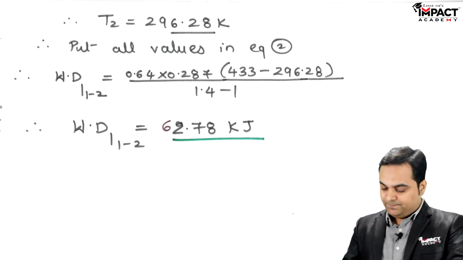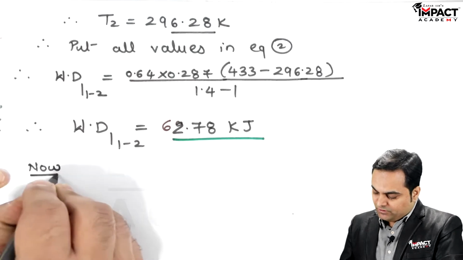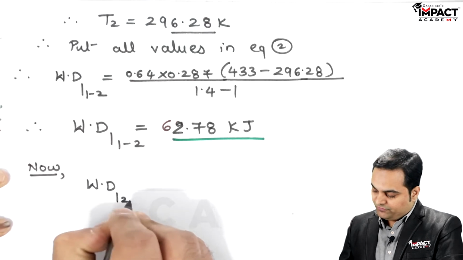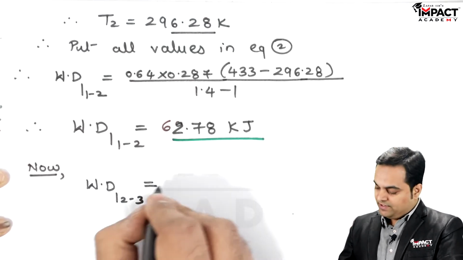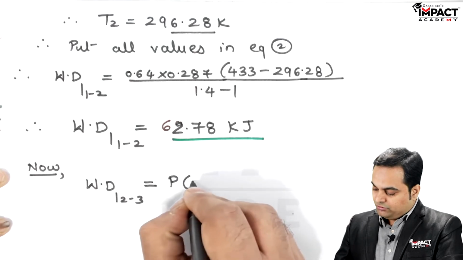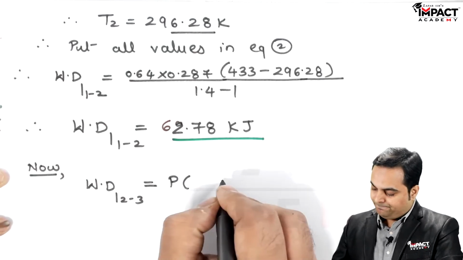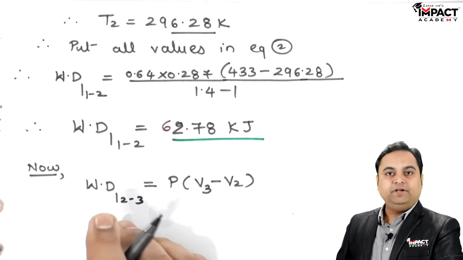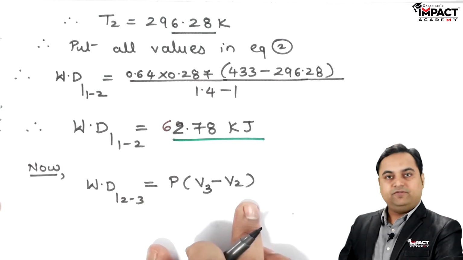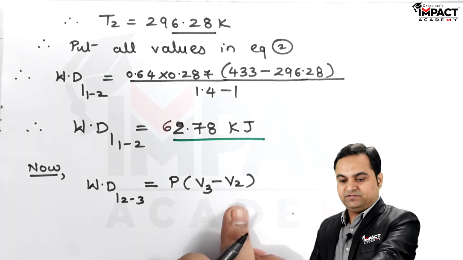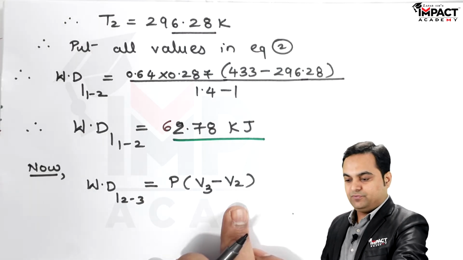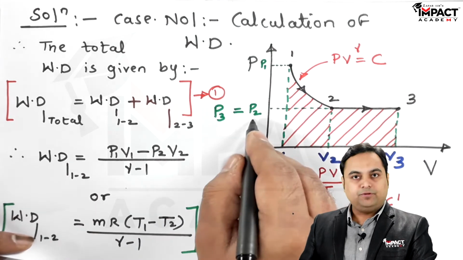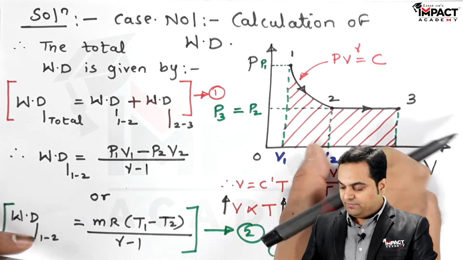Next, similarly, I'll be calculating the work done during process 2 to 3, which is a constant pressure process. Work done is given by pressure into the difference in volume, which is P into (V3 minus V2). When we see the constant pressure process, this is the area which we have to get. So the height corresponds to the pressure, and this distance is V3 minus V2.